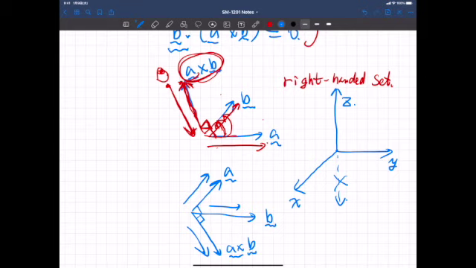If you point this using your pointing finger of your right hand and middle finger, then the thumb should point to the direction of positive z. It's the same for the cross product.